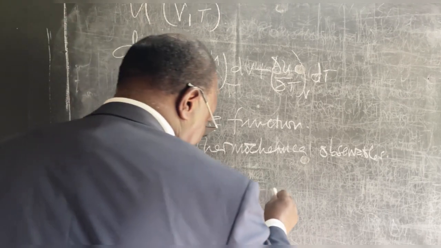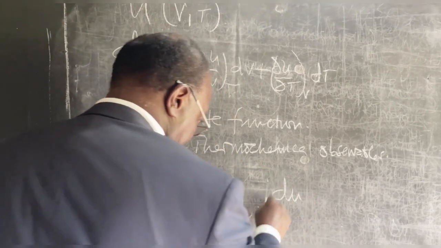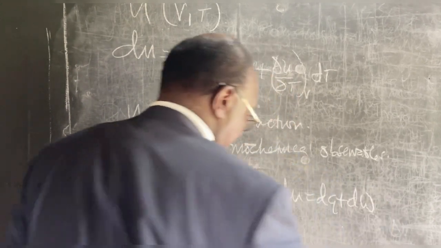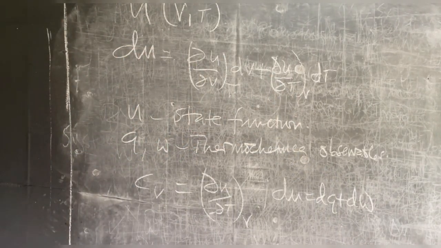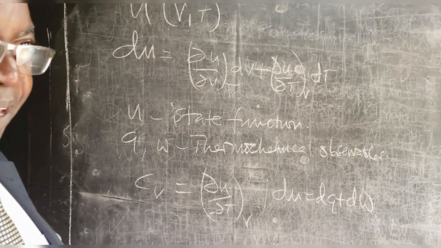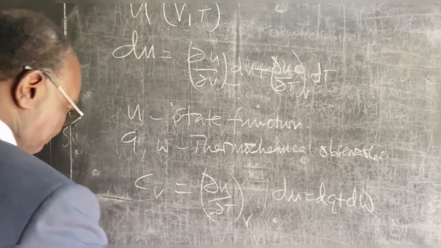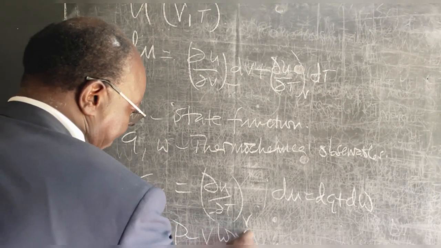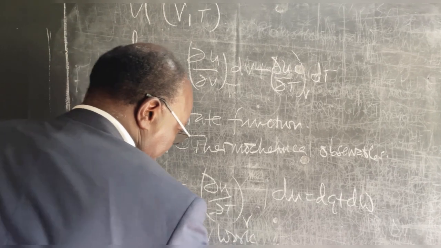And also we saw from the first law that dU was dq plus dw. But we have also mentioned that in general PV work, dw, is minus P dV. It is very important to remember that.